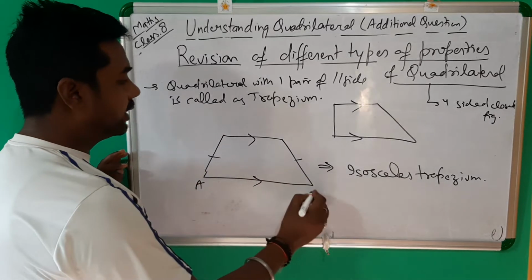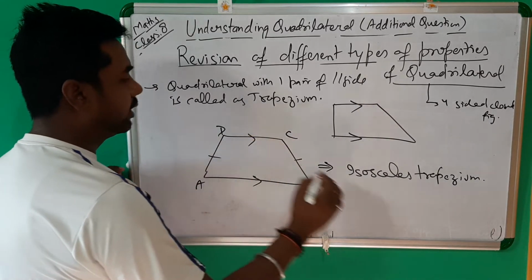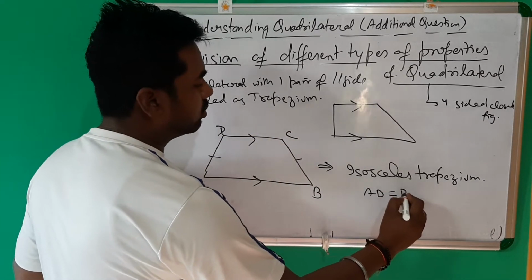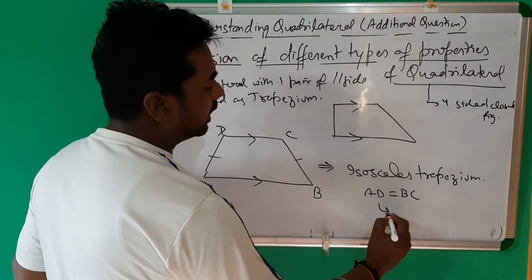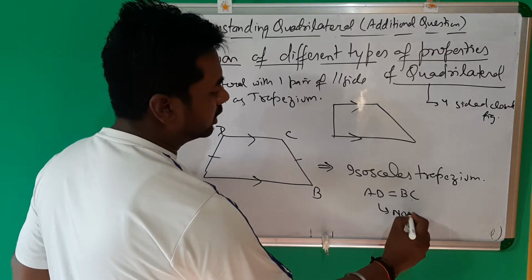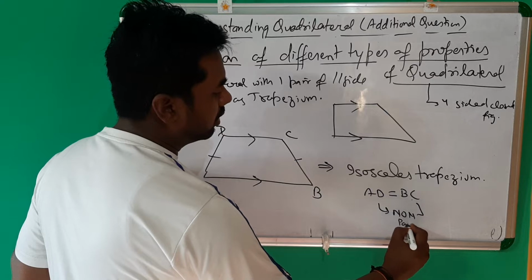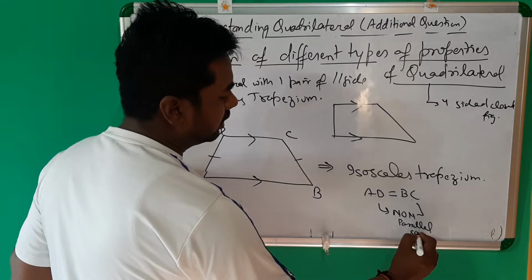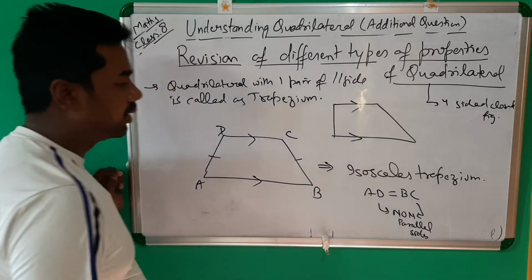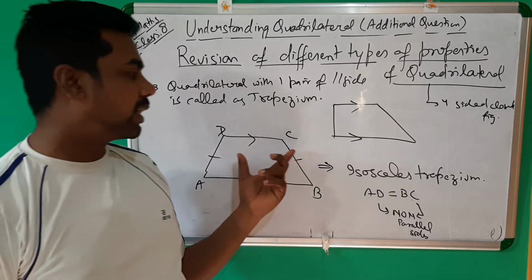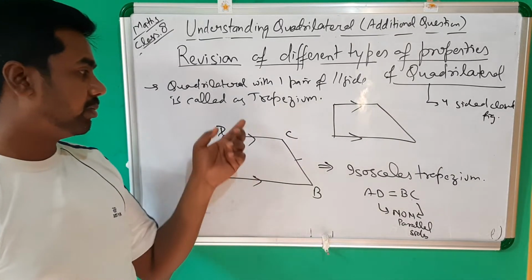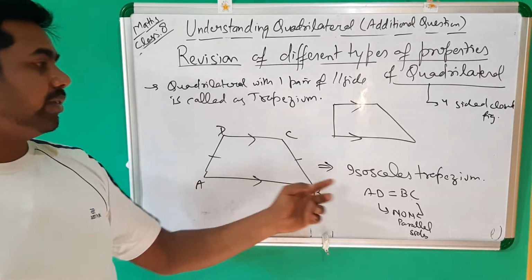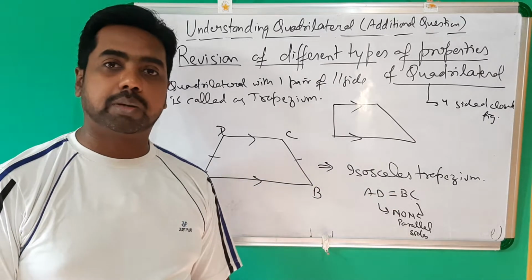Suppose I take it as A, B, C, D. So AD is equal to BC. These are the non-parallel sides. So when the non-parallel sides of a trapezium are equal, then we call it an isosceles trapezium.